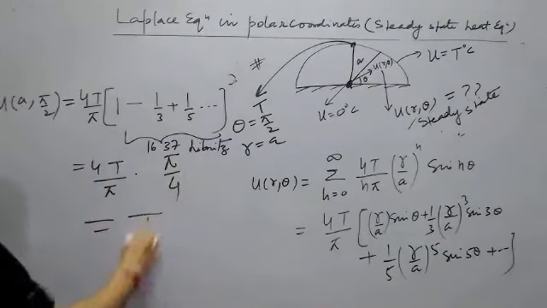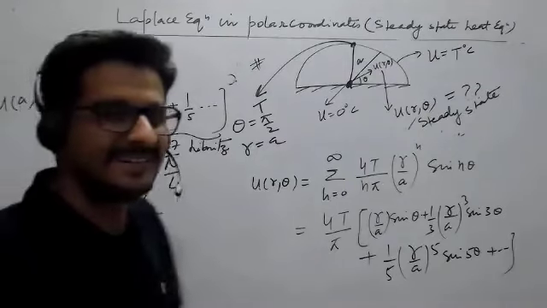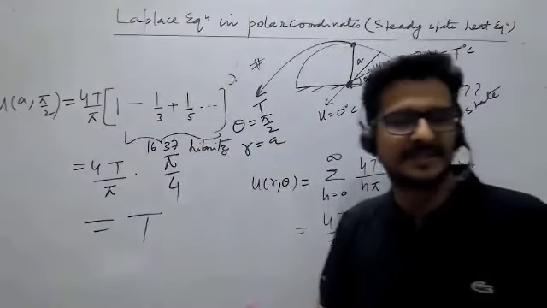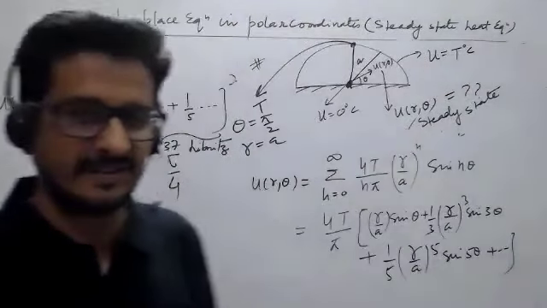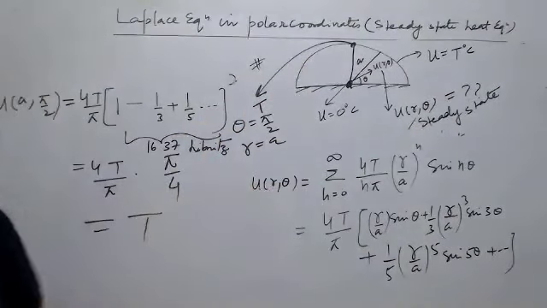So what will be the value? Capital T. Did you understand how things work? So how mathematics and physics are together. You can see that at this point the value should come capital T and it is coming to be capital T. Got it?